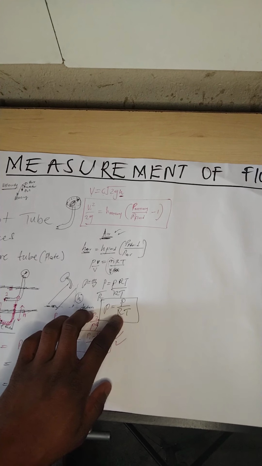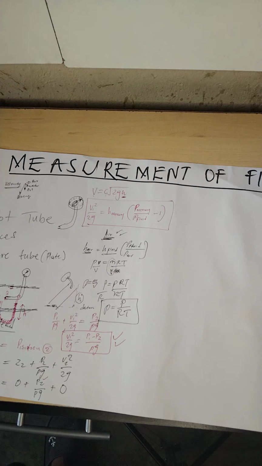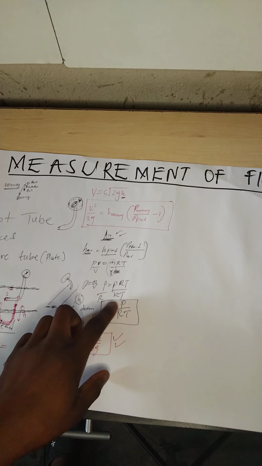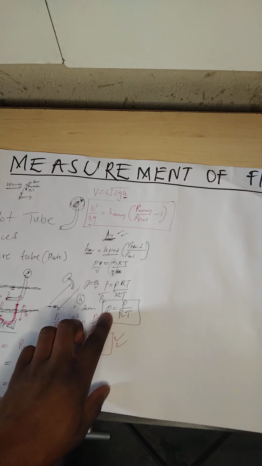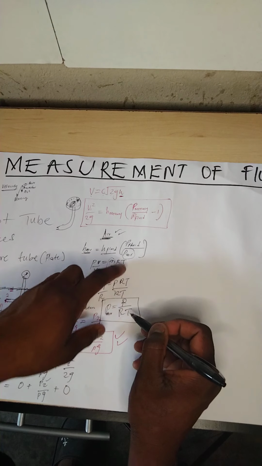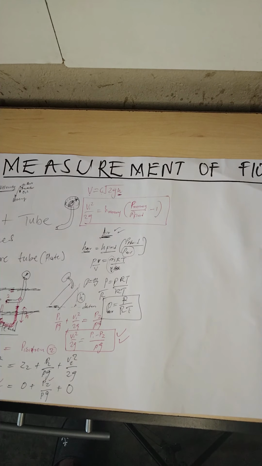You're going to be given R, you're going to be given the temperature at that point. Then you use this equation and it's going to give you the pressure and the density. In fact, this is going to be the density of air, which is this one over here. Can you see it? Then they will give you R and T, you substitute and put it over here, then you get your answer correct and precise.